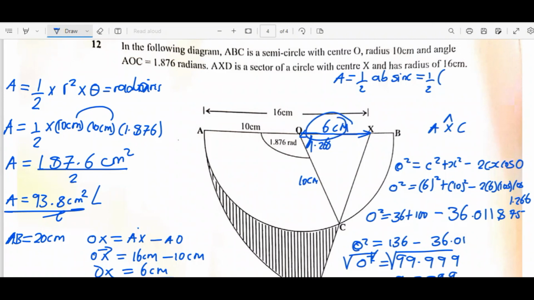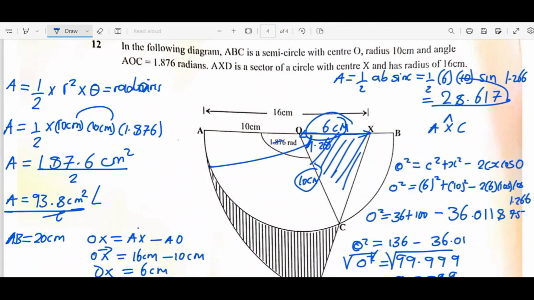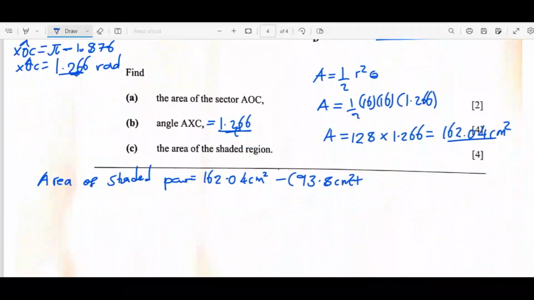So this 6 multiplied by this 10, then multiplied by sine 1.266. So what's our area? 6 times 10 multiplied by sine 1.266, I'm getting 57.2 divided by 2. My final answer is 28.617. So this is now the area for this triangle plus the area for this one. We have it, then subtract it from the area of the sector, then we have our answer.